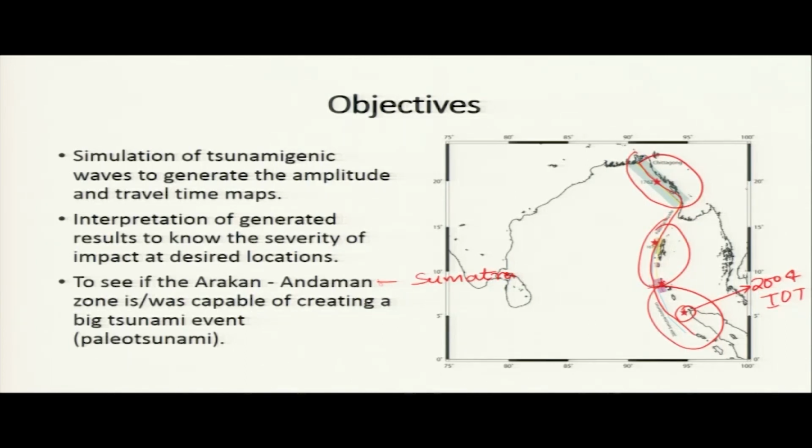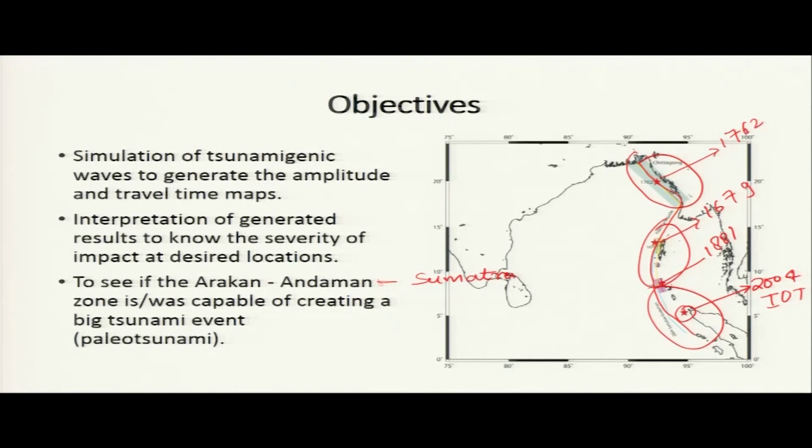Here, as you can see, this is the 1881 tsunami, this is the 1679 tsunami, and this is the Arakan tsunami of 1762.